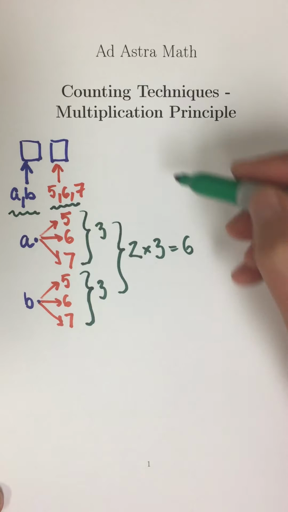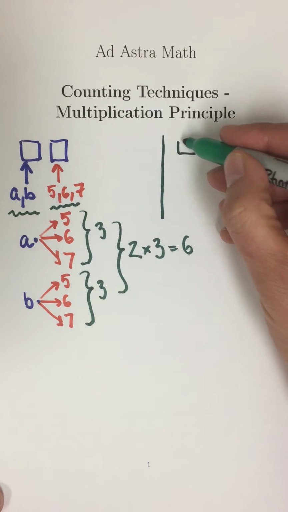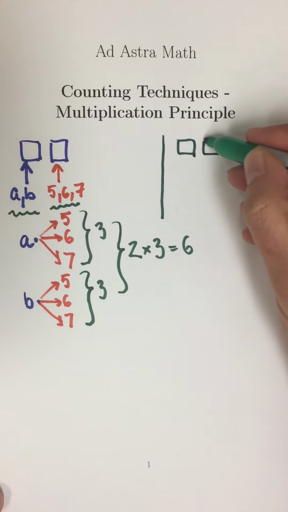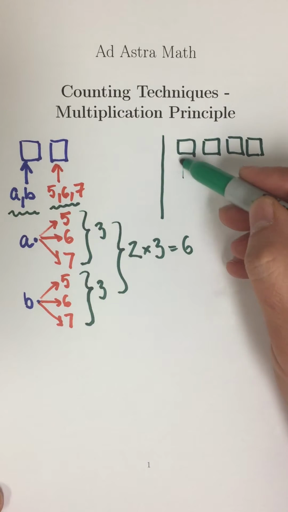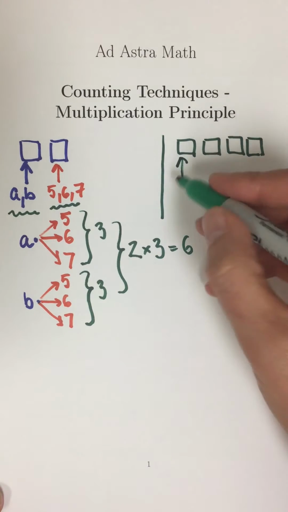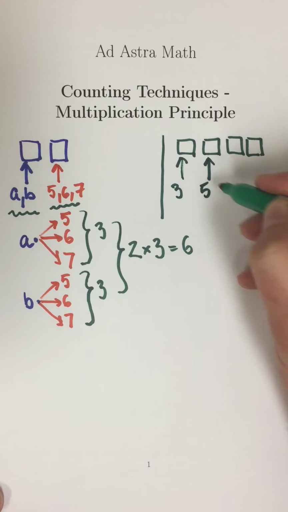Now, I suggest that maybe the student goes ahead and plays a little bit with passwords, let's say, of 3 characters or 4 characters. And maybe here you have, let's say, 3 options. Maybe here you have 5 options. Maybe here you have 2 options.